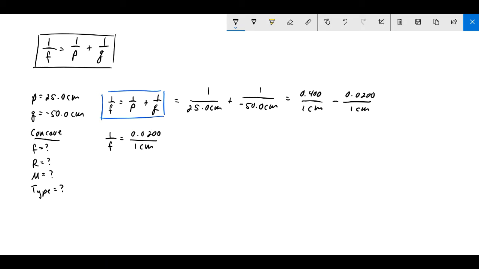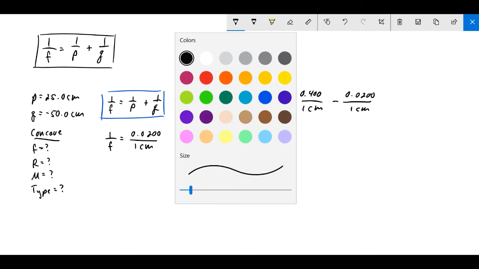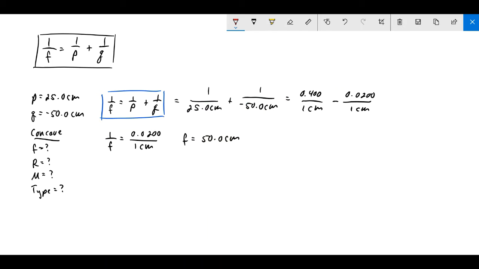So I want to find what f is equal to, not 1 over f. So f equals, all I have to do is just flip this over. 1 divided by 0.02 is going to be 50. So my focal length for this mirror is 50 centimeters.